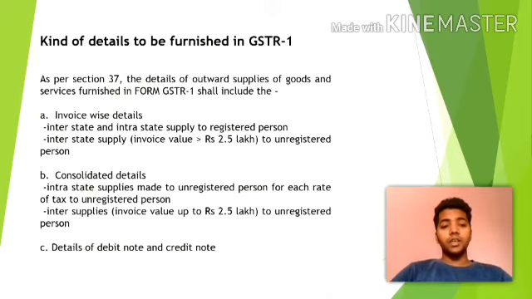Under the invoice-wise details, we need to mention whether the supply is interstate or intrastate to a registered person, or whether the supply is interstate supply with invoice value greater than 2.5 lakh to an unregistered person.